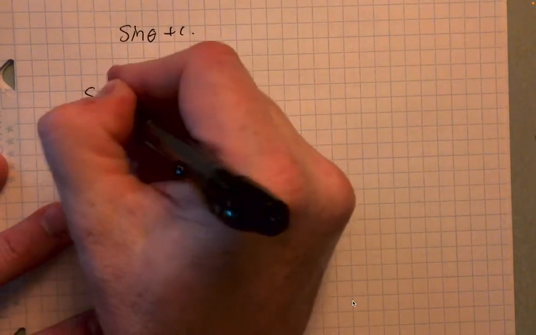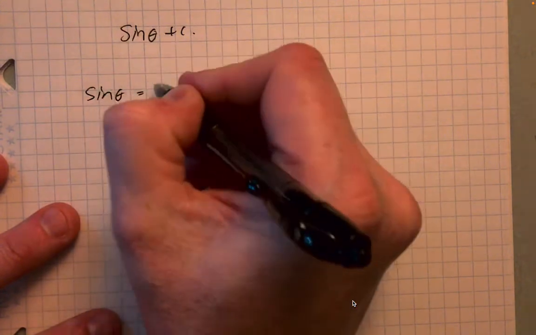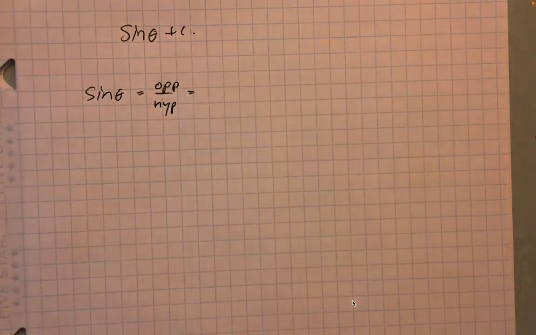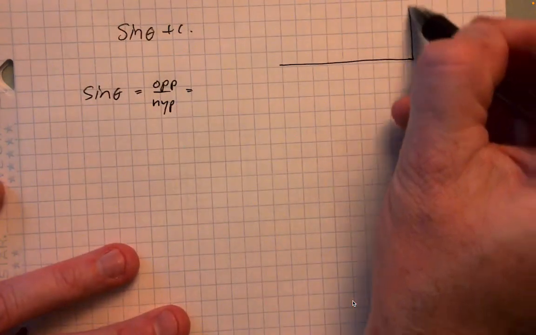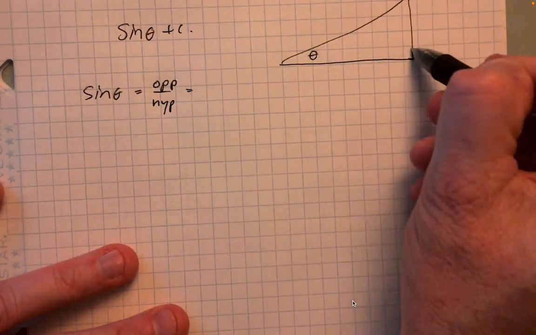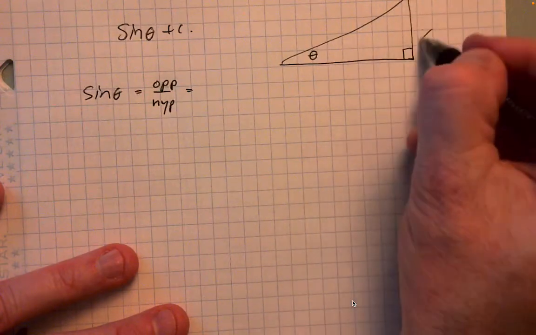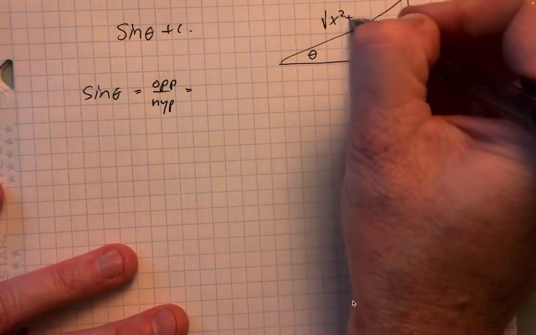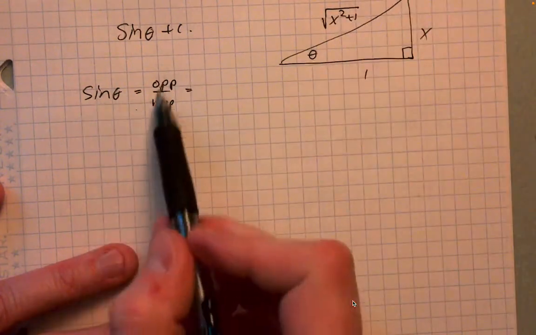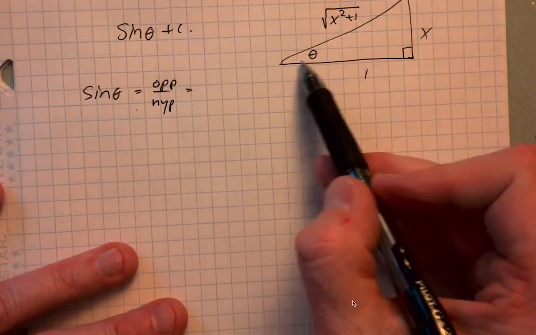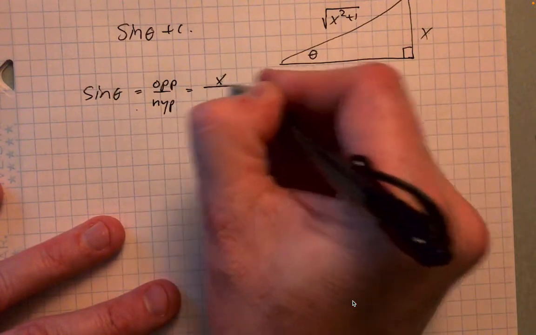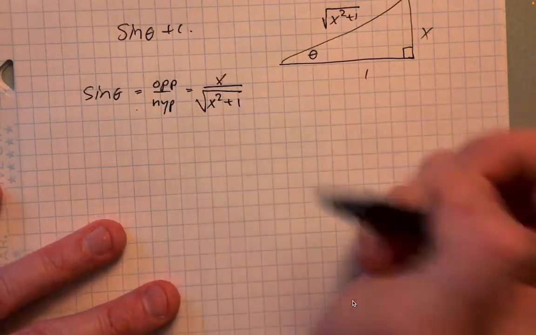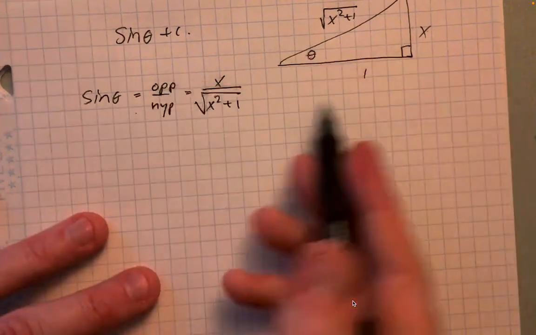But we know that sine of theta is equal to the opposite over the hypotenuse. Okay, and so let's remember the triangle we drew. Just draw it one more time. Get our theta. And so this was our x and our 1, and up here we had the square root of x squared plus 1. Right, so sine of theta is opposite over hypotenuse, and so it's going to be x over this radical, the square root of x squared plus 1. Okay, and so that's just a simple substitution.